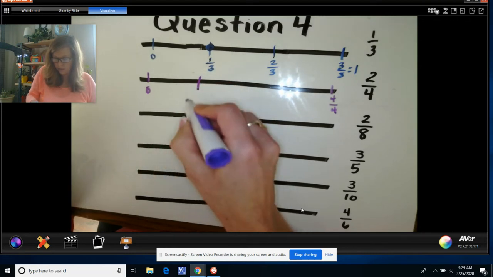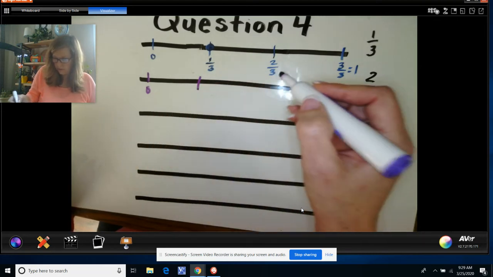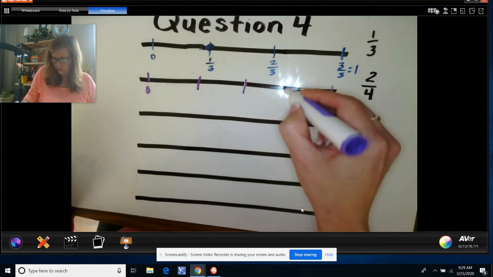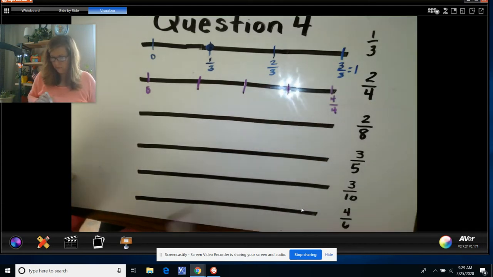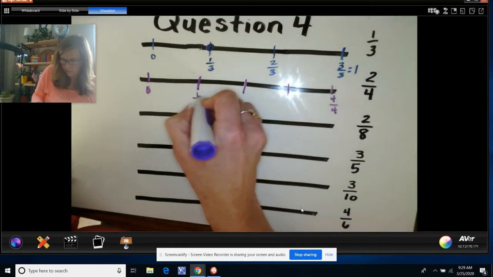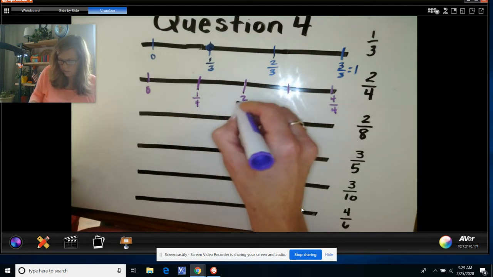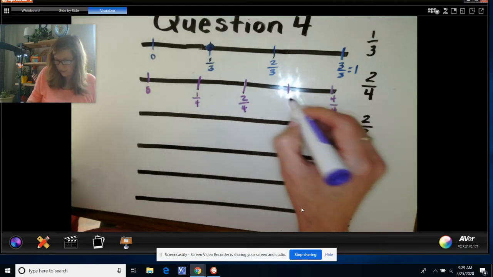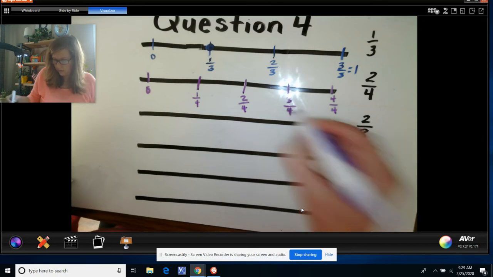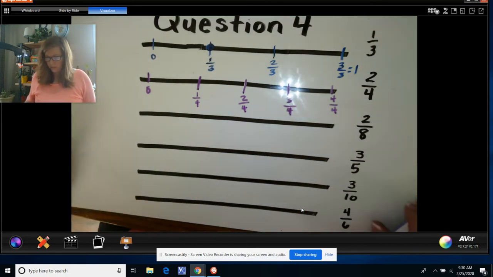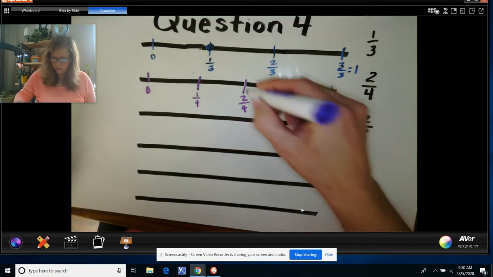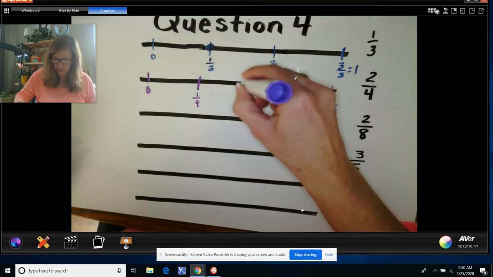So here is 1/4, 2/4, 3/4, and 4/4. So here's 1/4, 2/4, which equals a half, 3/4, and 4/4. So we're going to mark 2/4, or in this case, half, because this is halfway.